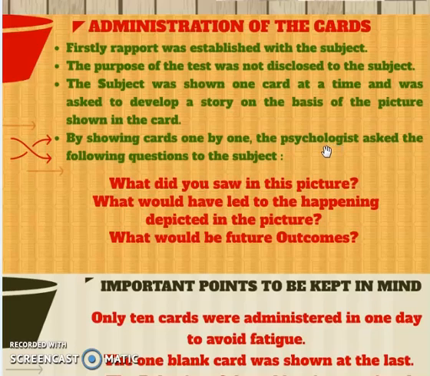Before showing the cards, the following instructions were given by the psychologist. This is a storytelling test. I am going to show you some pictures one at a time, and your task will be to make up a dramatic story on the basis of that picture. Tell what has led up to the event shown in the picture.